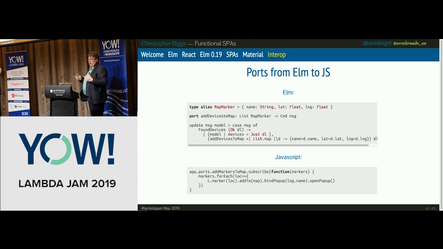When we receive our API result via our found devices message, we do our normal model update, and then we emit a new action which writes to a port. On the JavaScript side, we register a callback function that runs whenever data arrives on the port. If you've programmed in Go, it's very much like using channels in Go.